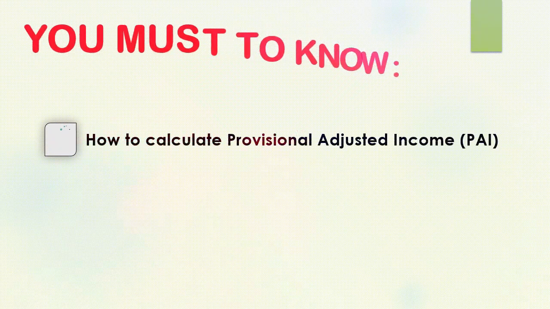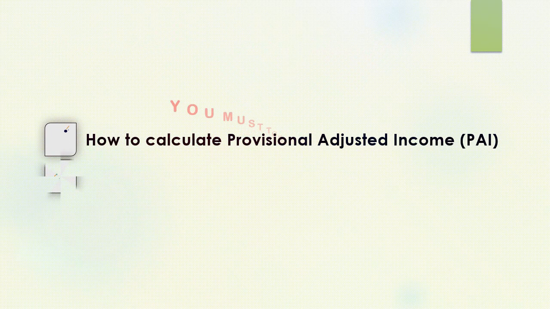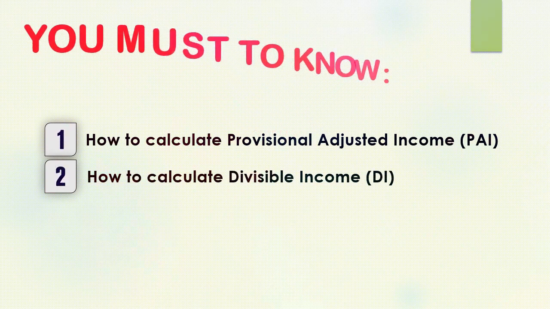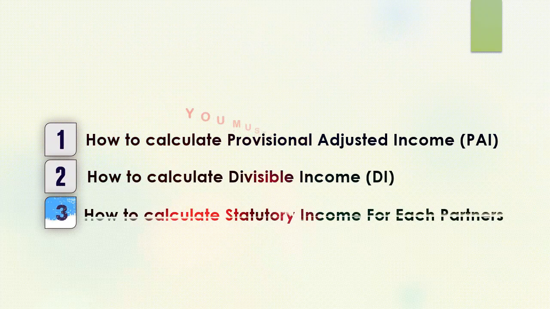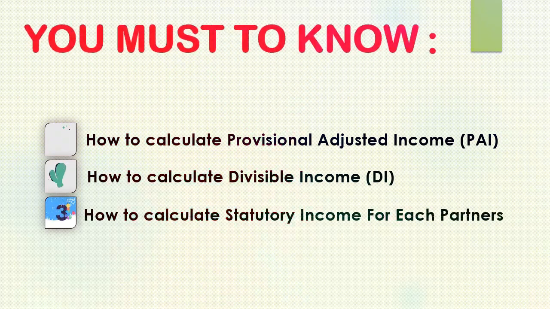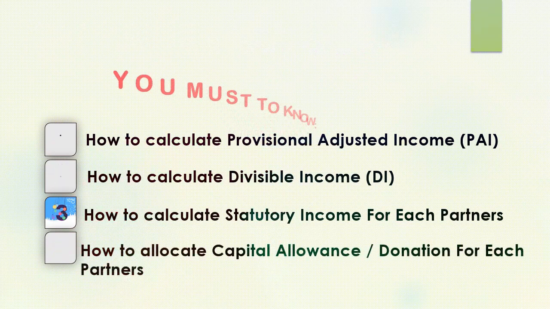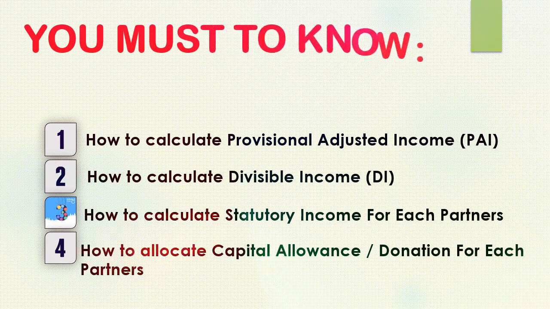What you must know is, number 1, you should know how to calculate provisional adjusted income (PAI). Number 2, you should know how to calculate divisible income (DI). Number 3, you should know how to calculate statutory income for each partner. And number 4, you should know how to allocate capital allowance or donation for each partner.